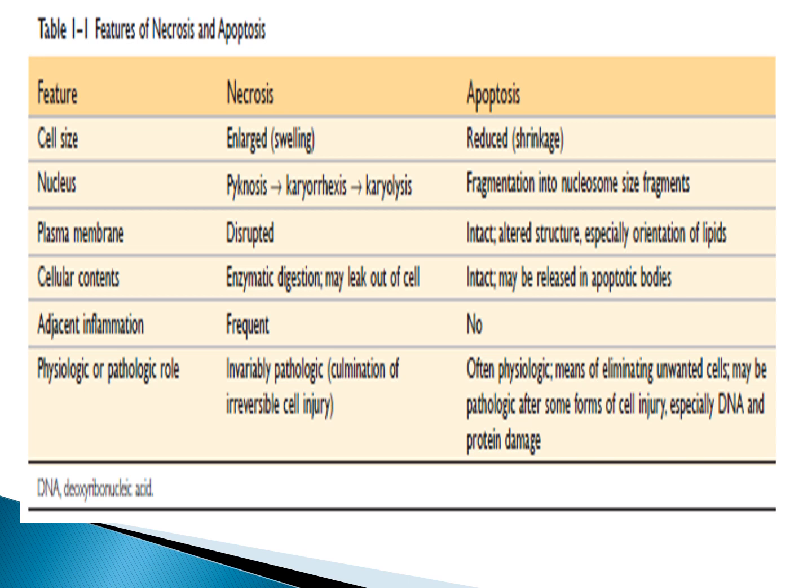But let's review the main features of necrosis. In necrosis, the cell size is increased due to swelling of the cells. The nucleus will undergo changes from pyknosis to karyorrhexis and to karyolysis. The plasma membranes, as I said, are disrupted, discontinuous. The enzymes will leak out, and the lysosomal enzymes also will leak out, leading to enzymatic digestion of the cell.